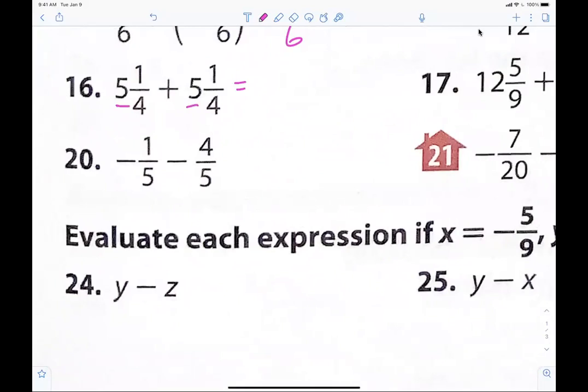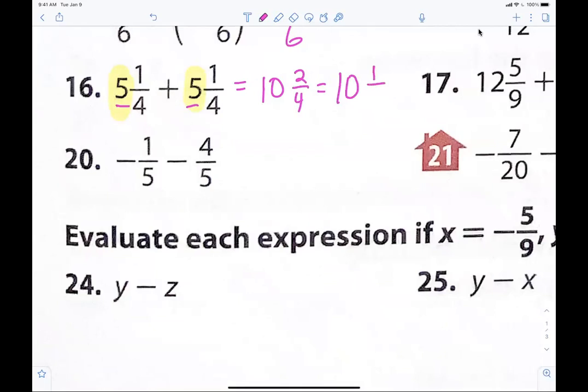No, I'm sorry, you're adding the whole numbers. Oh, 10. Now what's 1/4 plus 1/4? 2/4. That's correct. Now you have to reduce 2/4.